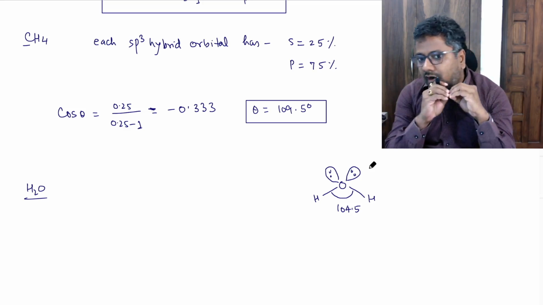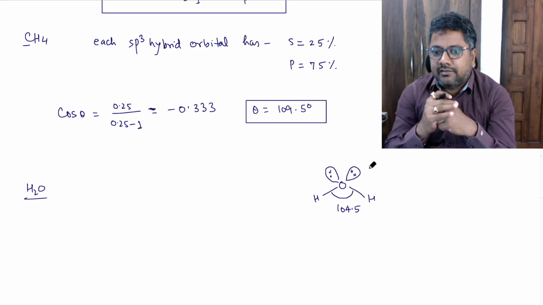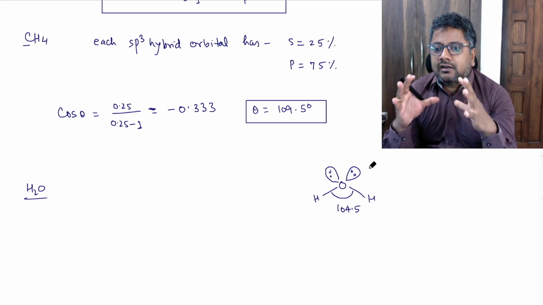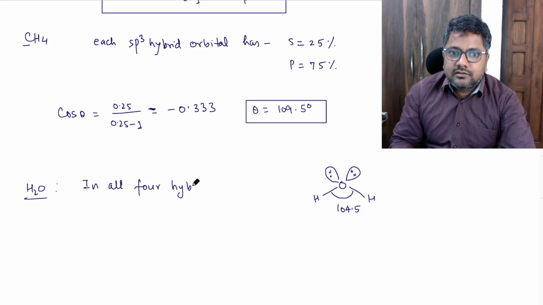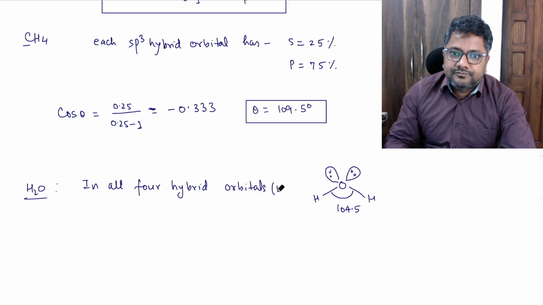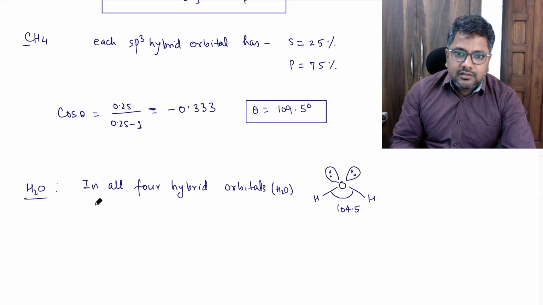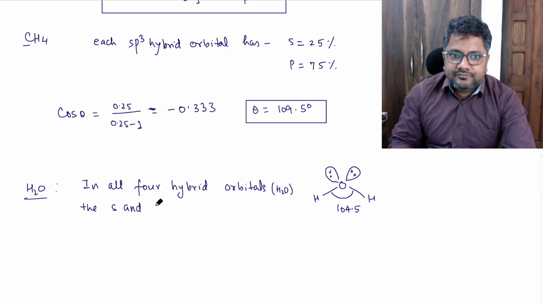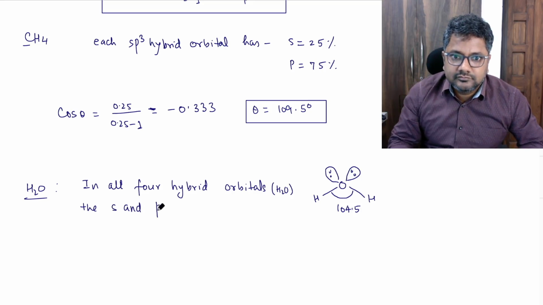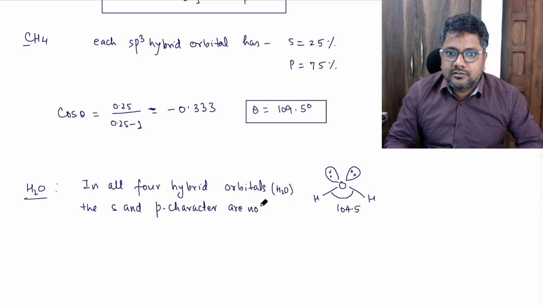One thing is clear: in all four sp3 hybrid orbitals in water, the s character and p character are not equal.